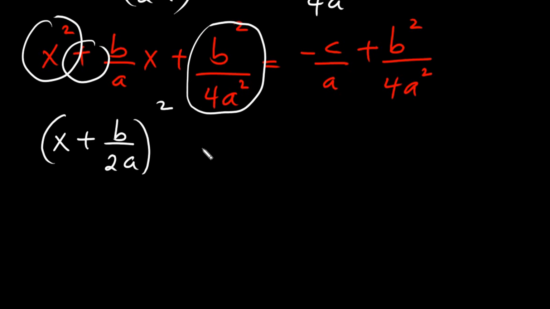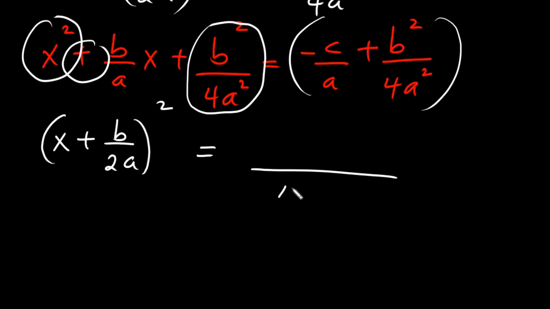So we can have that is equal to negative c over a plus b squared over 4a squared. Now I want us to combine this, and we are going to make it under a common denominator.